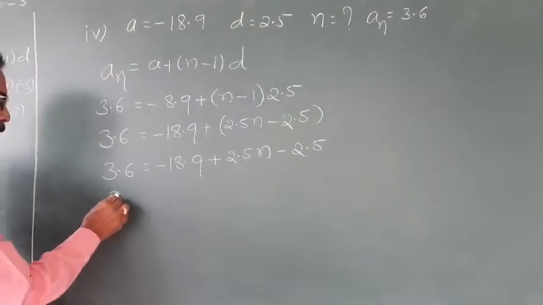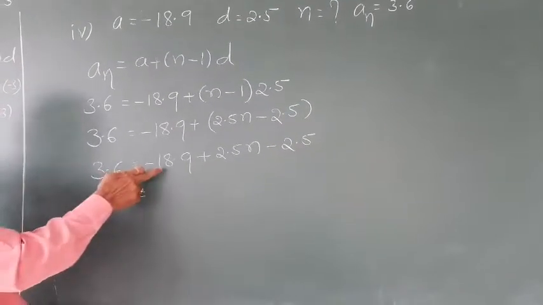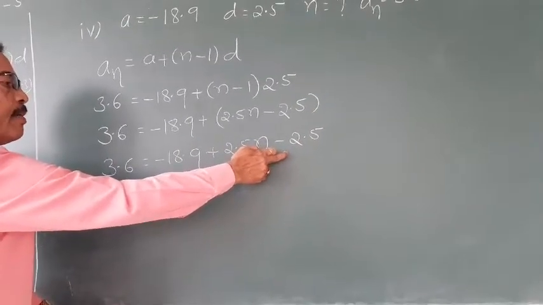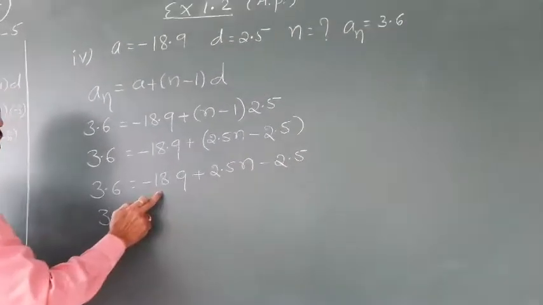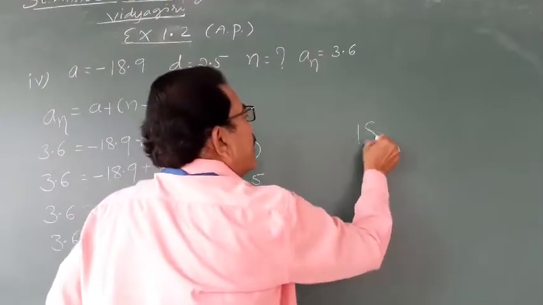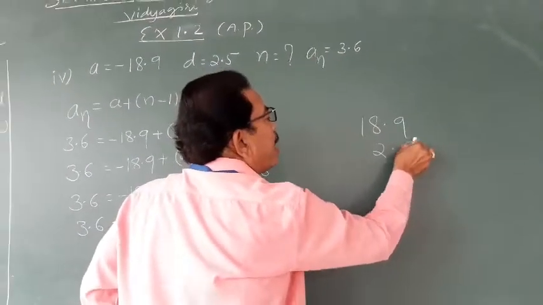Okay. 3.6 equals minus 18.9 minus 2.5. See, add this one: 18.9 and 2.5.